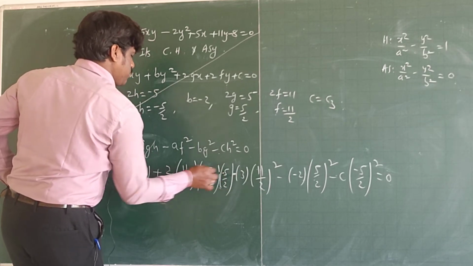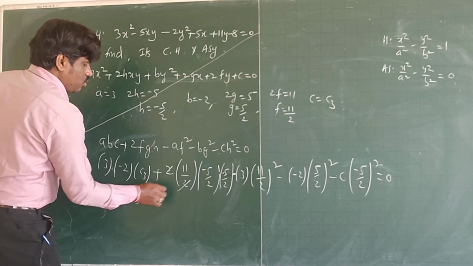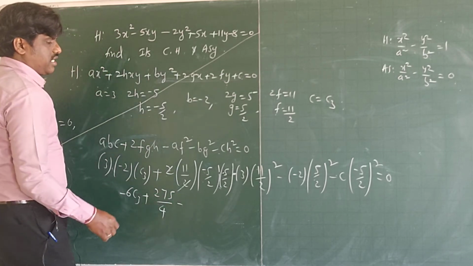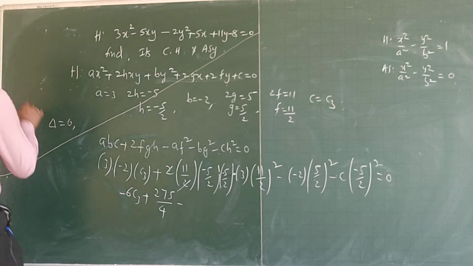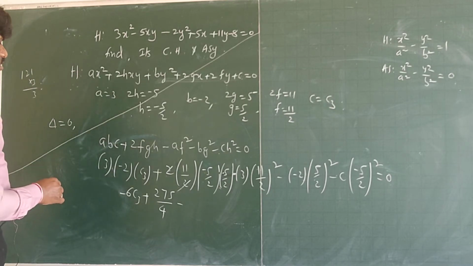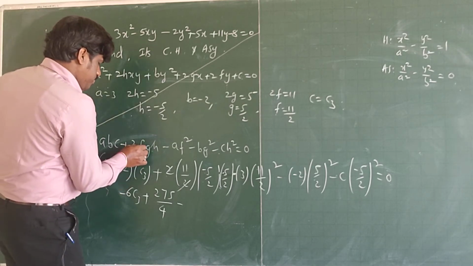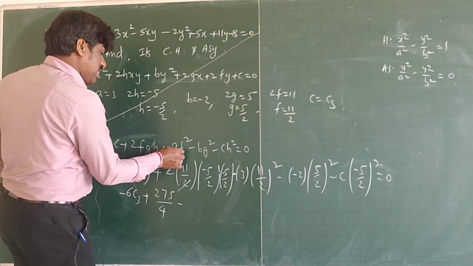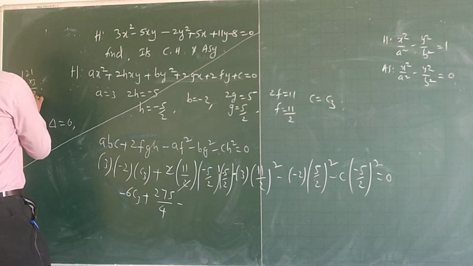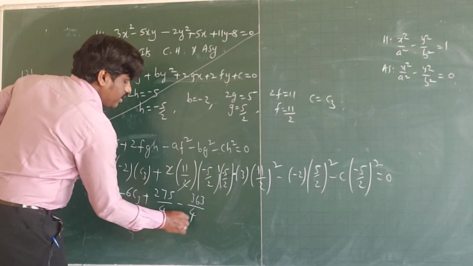Two into f into g into h gives minus 275 by 4. Then minus af square: 11 square is 121, 121 into 3 is 363, so minus 363 by 4.